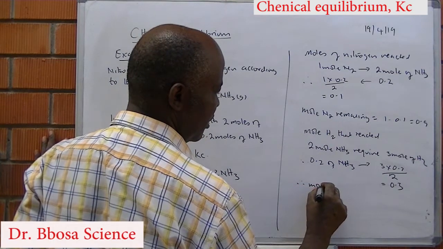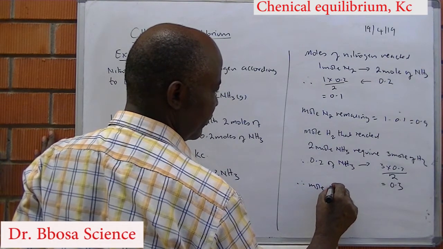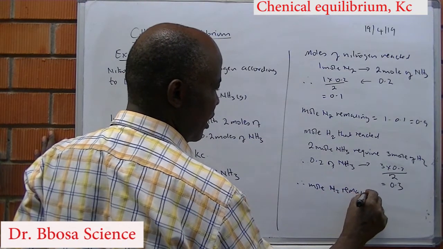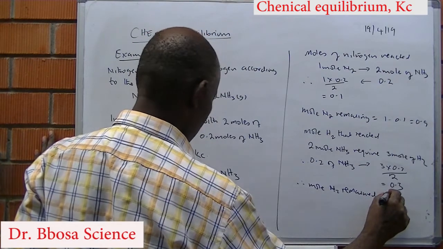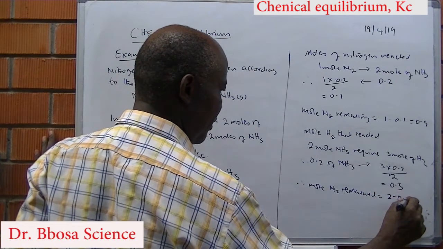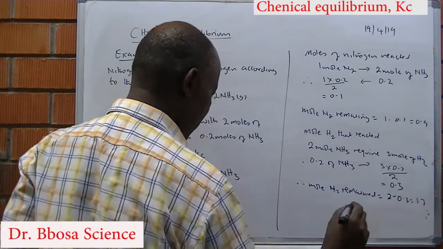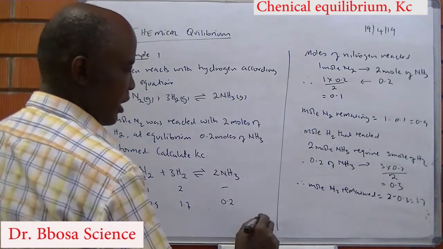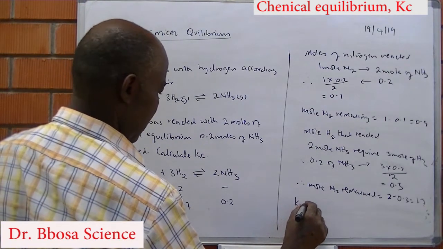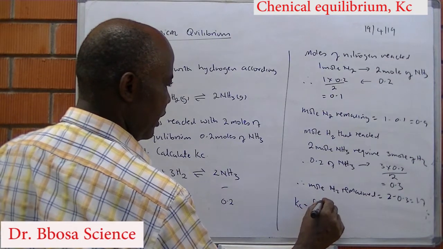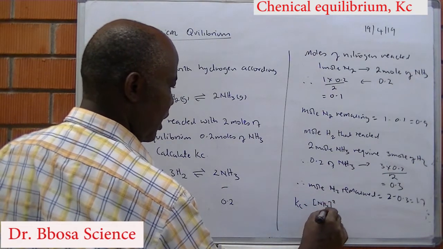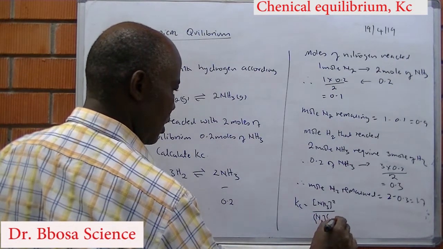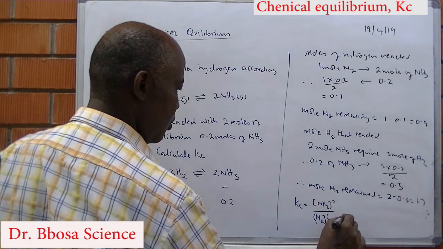Therefore, moles of hydrogen remained will be equal to 2 minus 0.3, which is equal to 1.7. So 1.7 moles remain. Our Kc is equal to NH3 squared over N2 into H2 cubed.